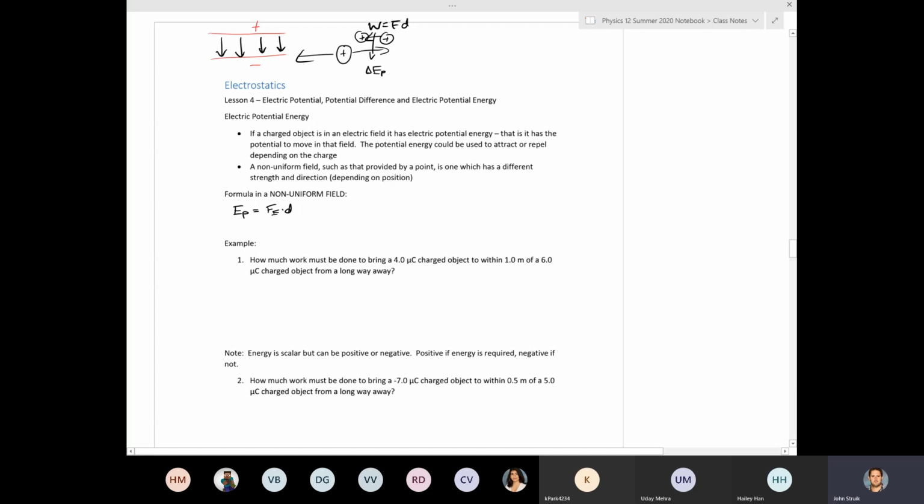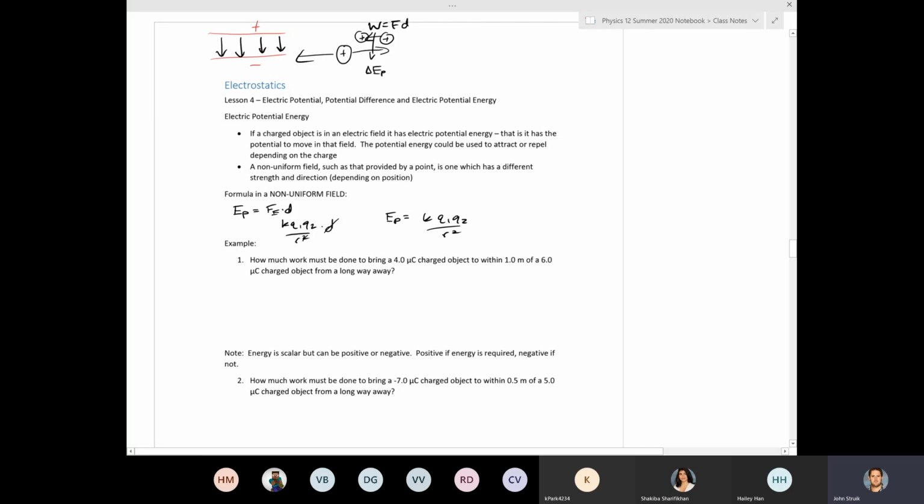And then if we expand this FE into K Q1 Q2 over R squared, that's our electrostatic force, then the distance and the radius are the same thing. And so you get EP equals K Q1 Q2 over R squared. Okay.